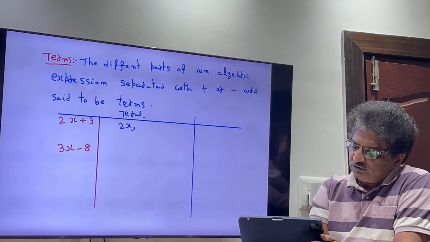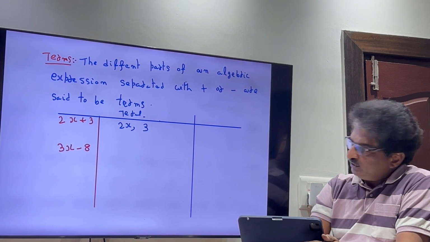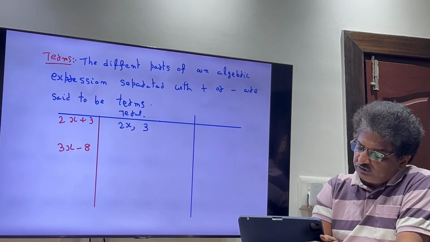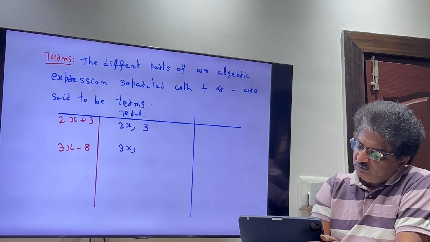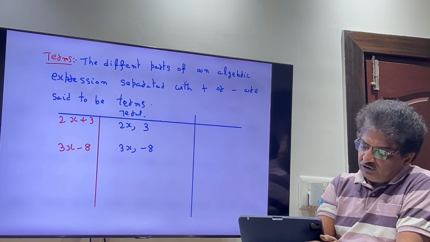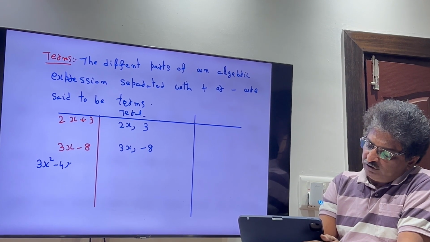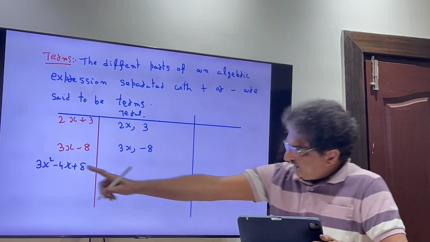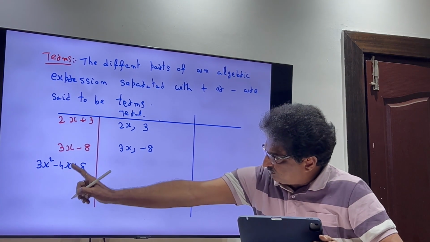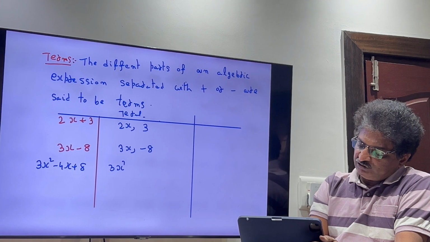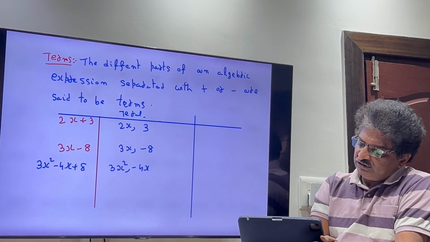In the second expression, there are also two terms: 3x is one term and minus 8 is another term. One more example, 3x square minus 4x plus 8. Here there are three terms: 3x square, minus 4x, and 8.